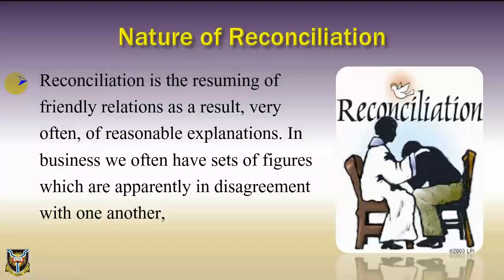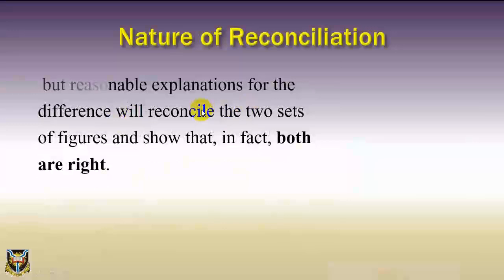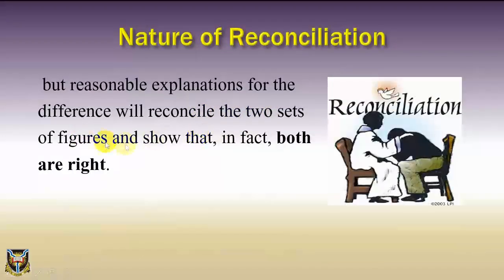Reconciliation is therefore the resuming of friendly relations as a result, very often, of reasonable explanations. In business, we often have sets of figures which are apparently in disagreement with one another, but reasonable explanations for the difference will reconcile the two sets of figures and show that, in fact, both are right.